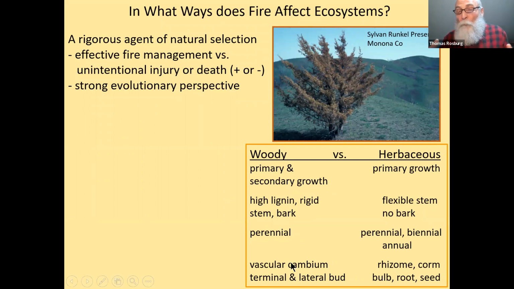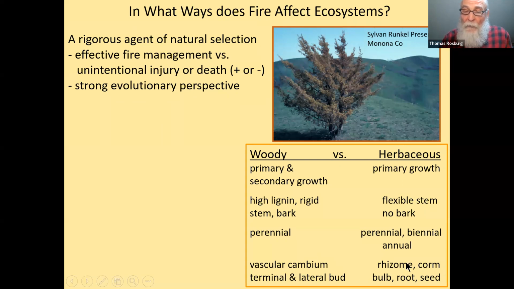But it's still in a pretty precarious position because it's just right underneath that bark. And so fire can really wreak havoc on woody plants because both of these are the tissues that allow for the plant to stay alive and keep growing. And if they are hampered by heat or killed by heat, that means the tree is in a tough place, of course. It's probably not going to make it.